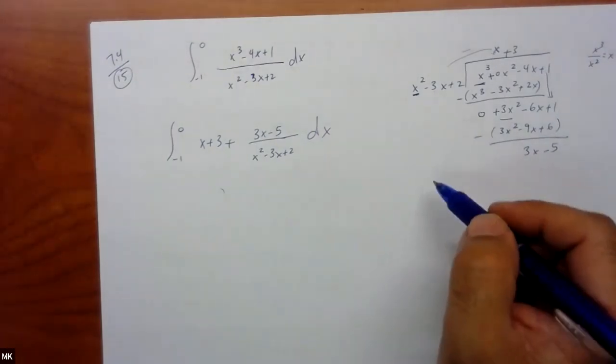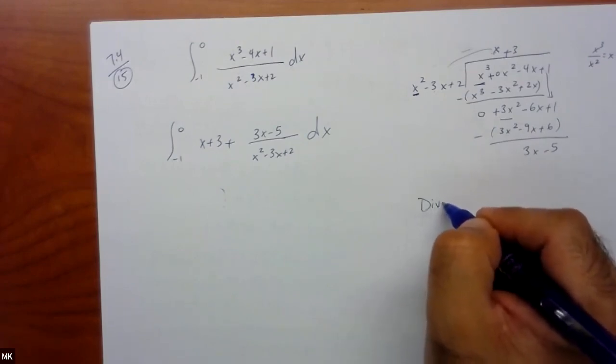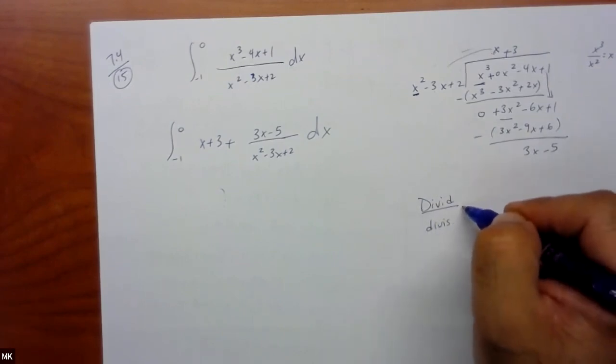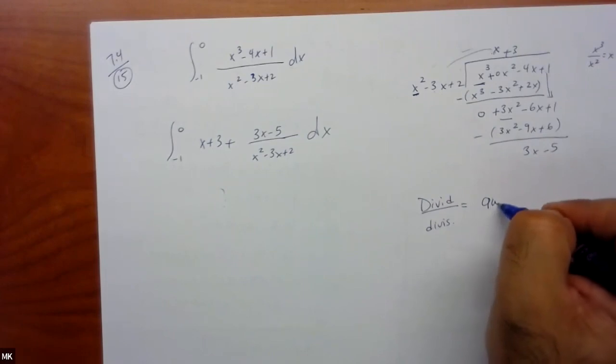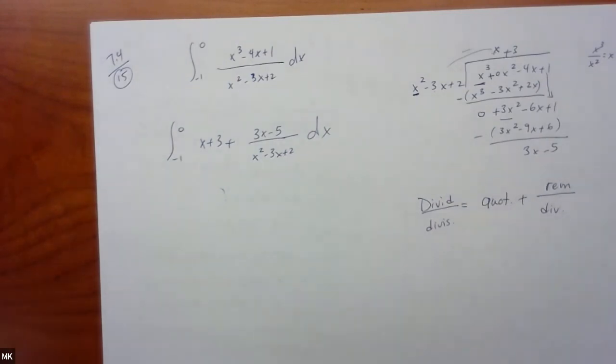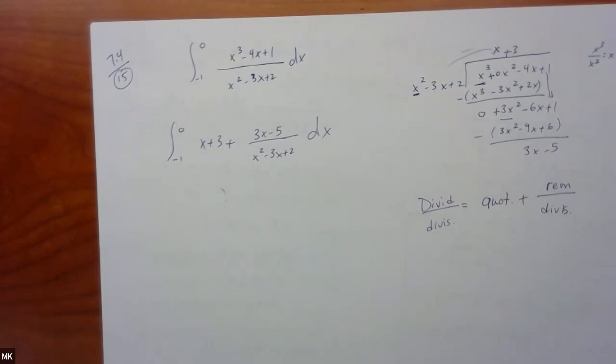So after you're done with the dividing process, then the dividend over divisor is going to be equal to the quotient plus remainder over divisor. Okay.